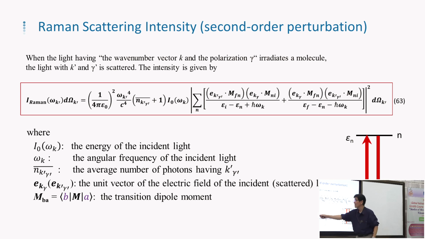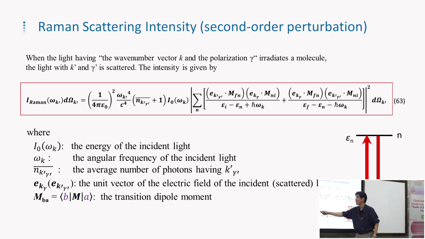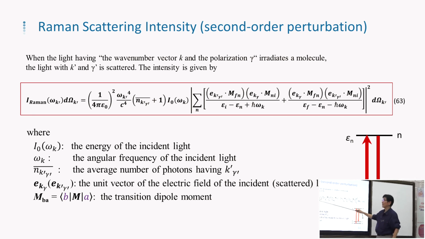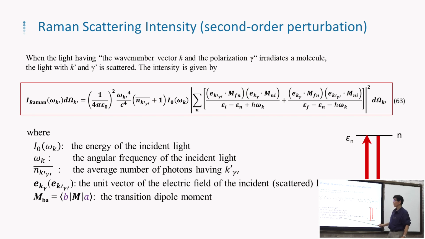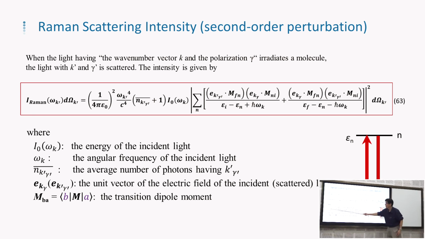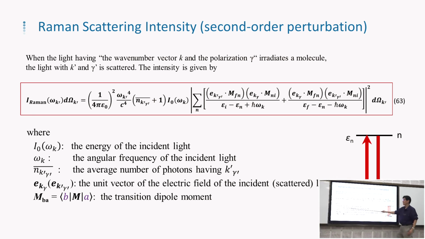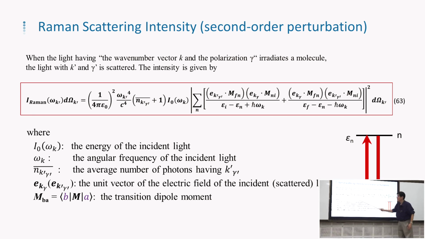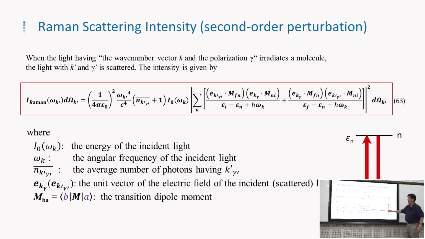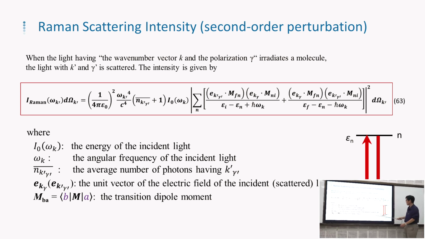And Raman intensity has a finite value when energy of the incident light is not zero. And omega k indicates the angular frequency of the incident light. n k' gamma' bar that appears here indicates the average number of photons having k' gamma'.